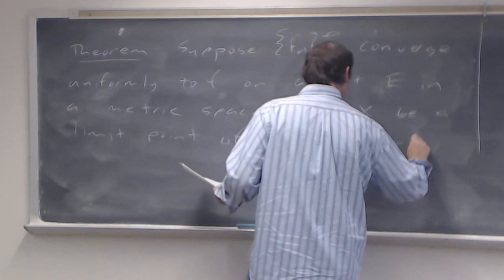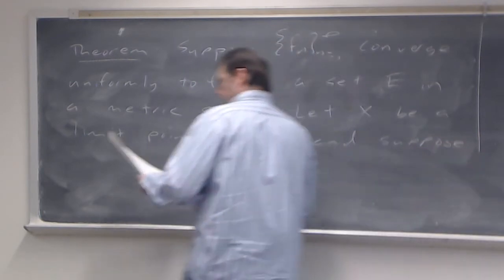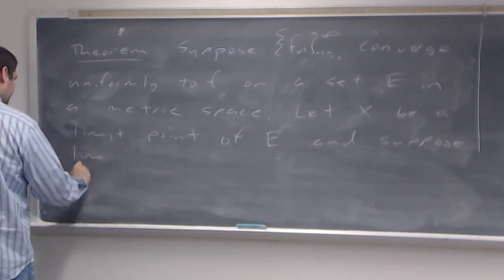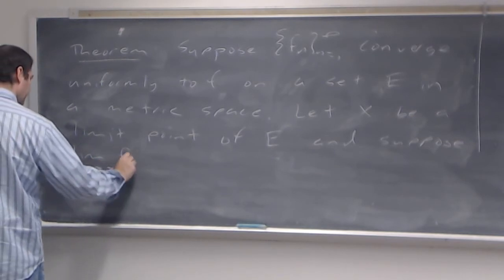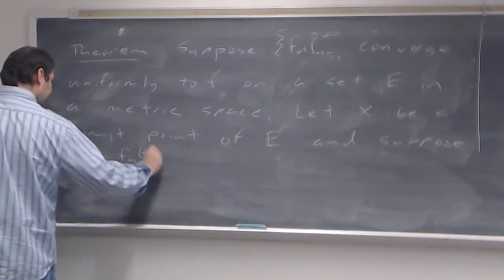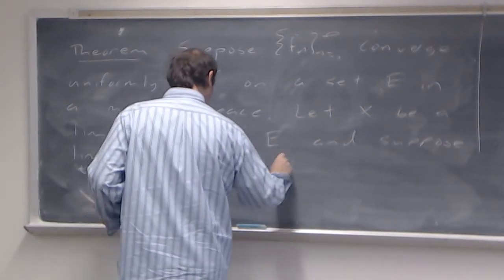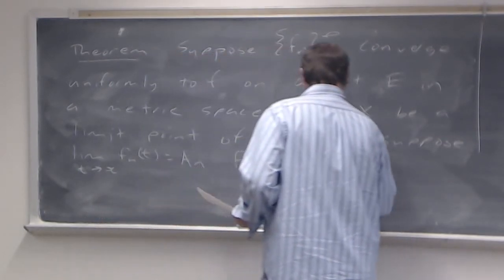and suppose the limit as t goes to x of f sub n of t equals a sub n, and that's true for all n, n equal to 1, 2, 3, forever.